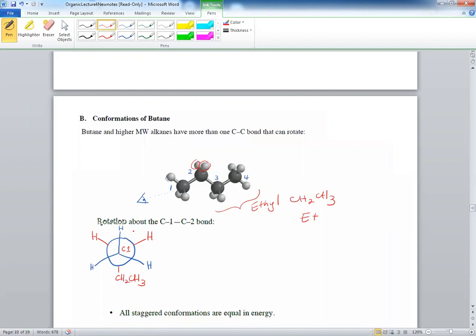So again, in the back is C2, or again, this circle right there. So this is a staggered conformation. The angle is 60. So this is staggered. And of course, it has the lowest energy.